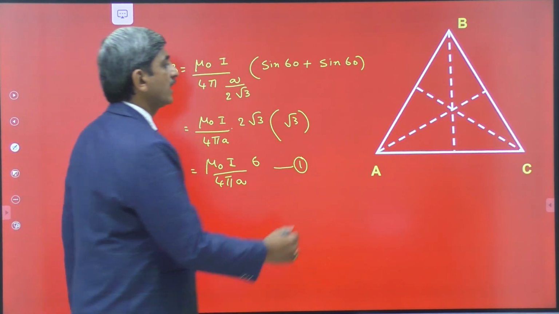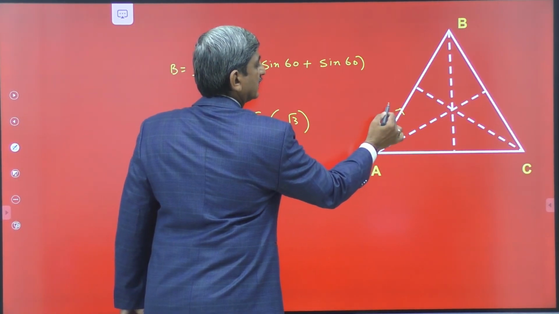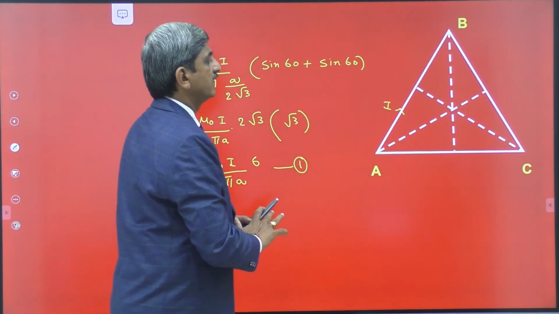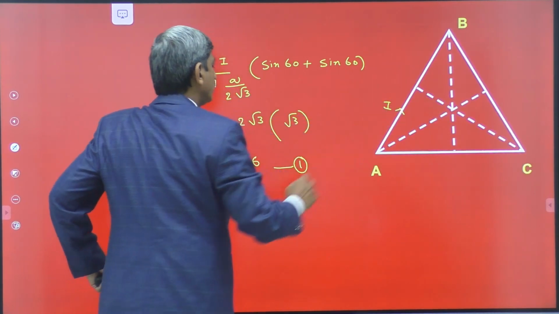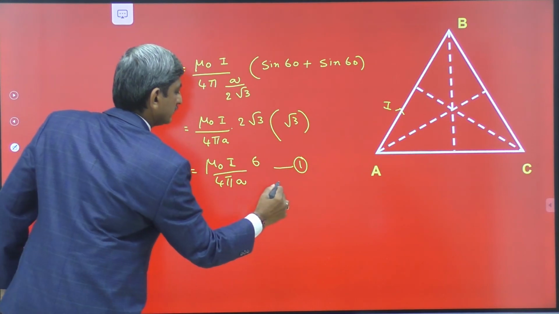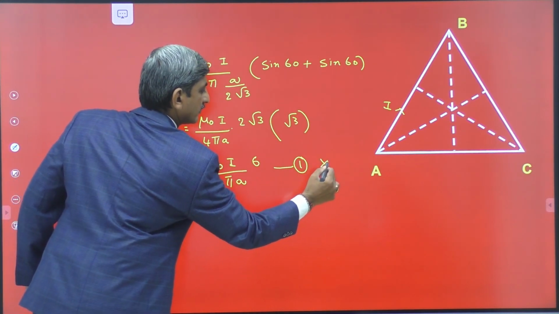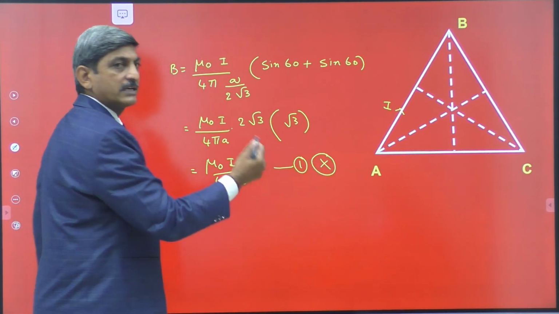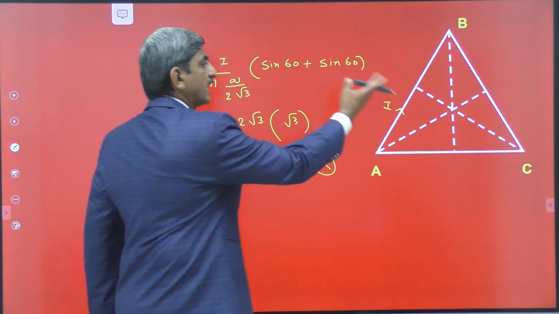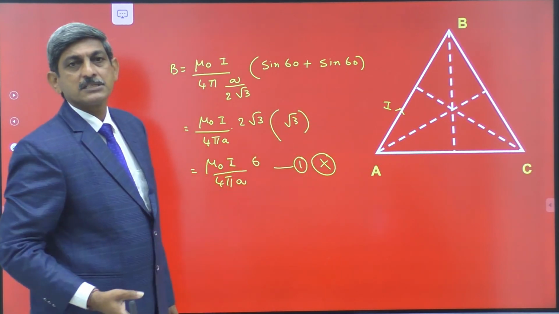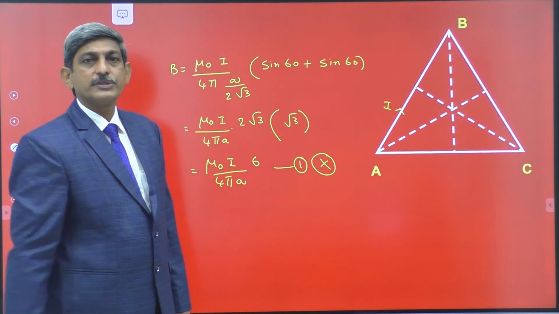By using the right hand rule, if suppose this is the direction of the current, then the direction of the magnetic field is perpendicular to the board and entering into the board like this. Here we determined the magnetic field produced by one side of the triangle. So sides are equal, perpendicular distances are equal, elevated angles are also equal.